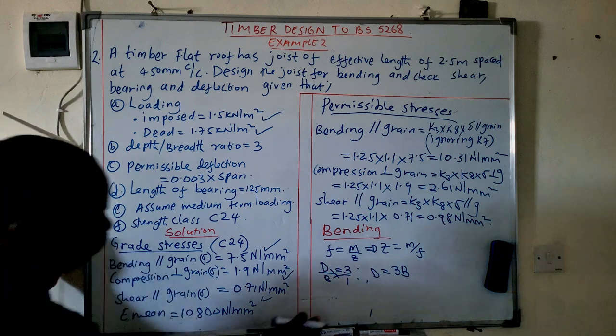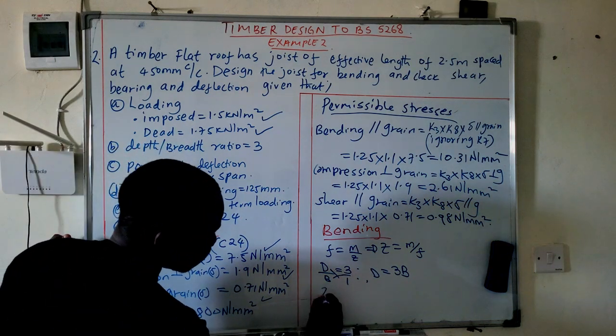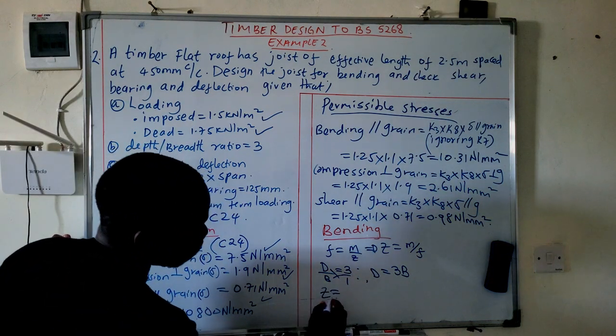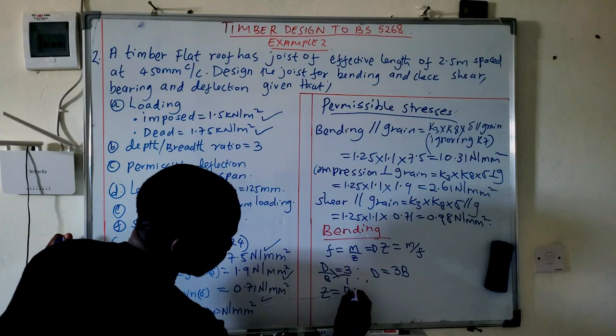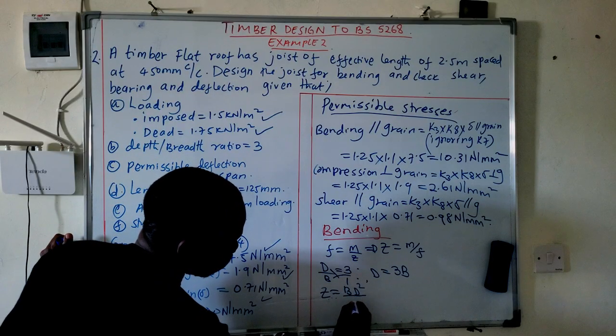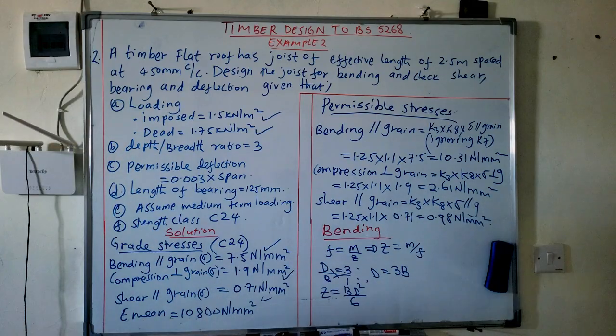Again, you know that Z is equal to BD cubed over 6, like that.